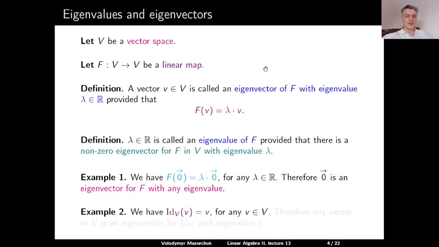Second example, if we look at the identity linear operator, then we know that the identity linear operator applied to any vector V in V is equal to this original vector V. Therefore, any vector in V is an eigenvector for the identity linear operator with eigenvalue 1.